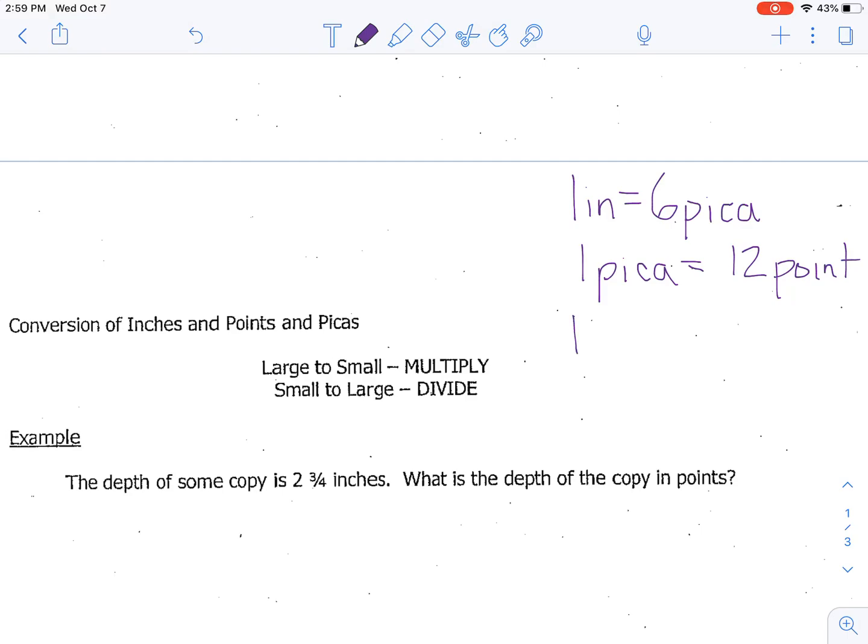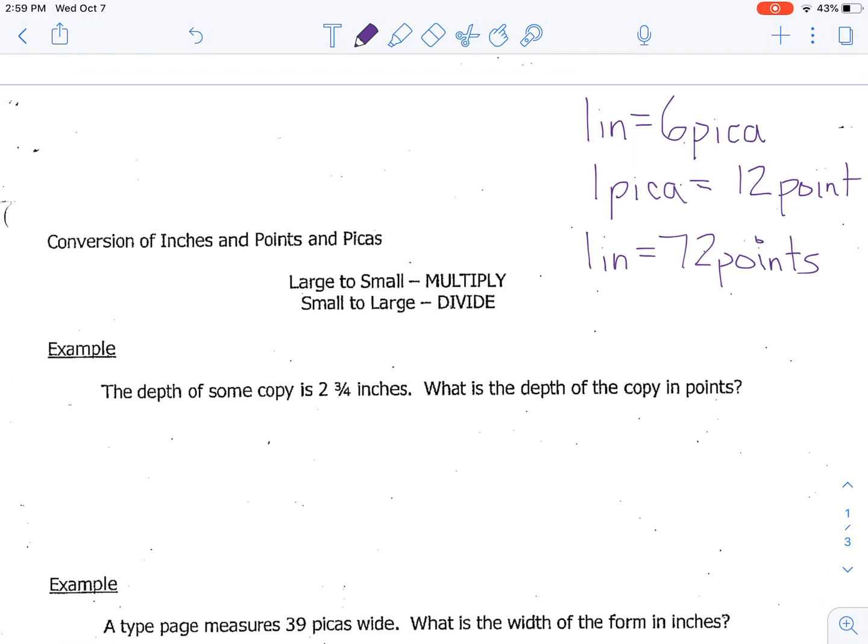So that means in a whole inch, there would be 72 points in an inch. When we talk about points, it's the same thing as saying 10-point type or 14-point type.